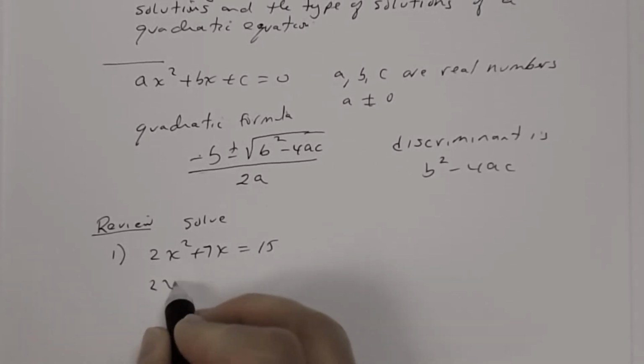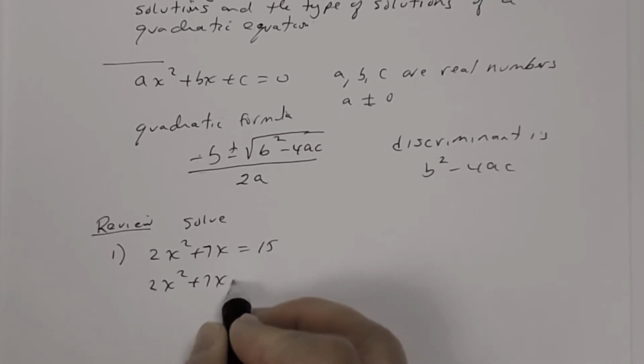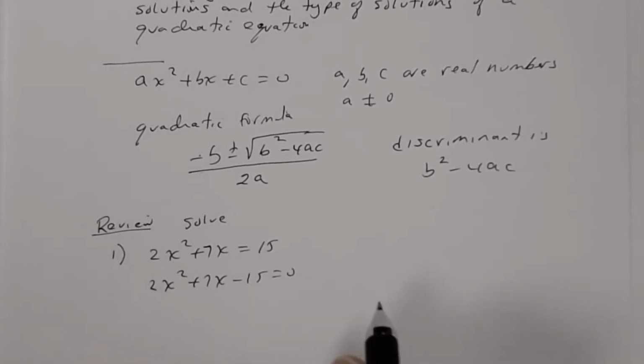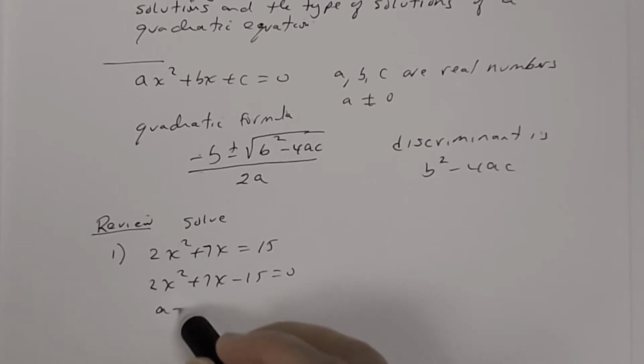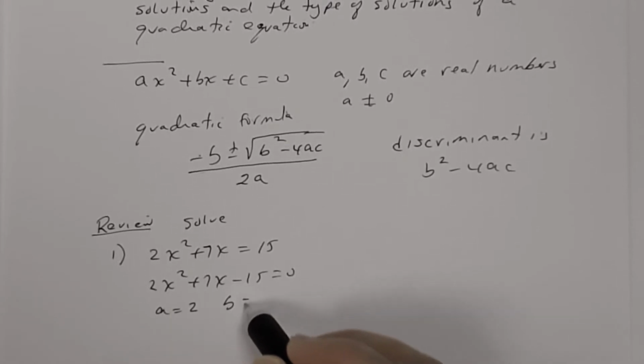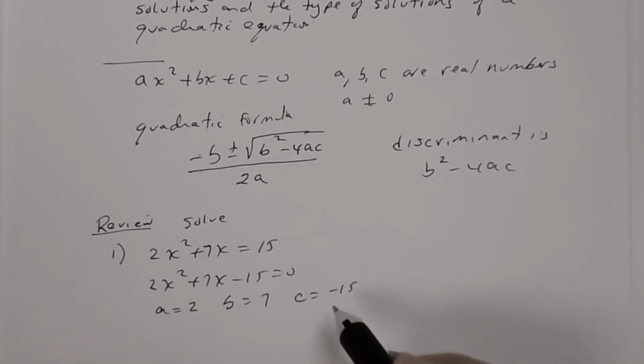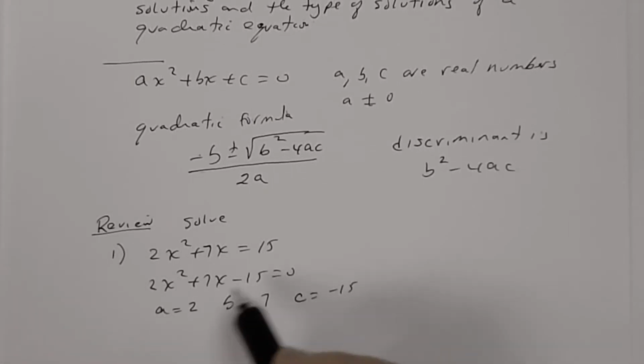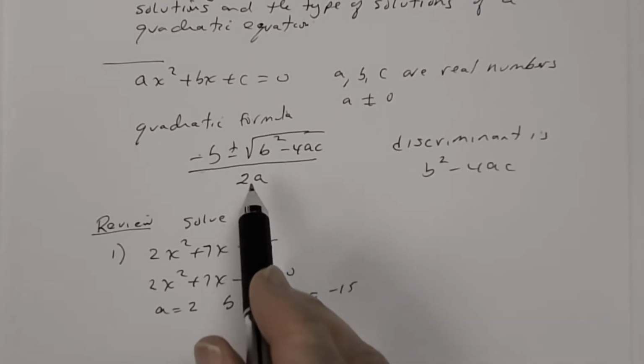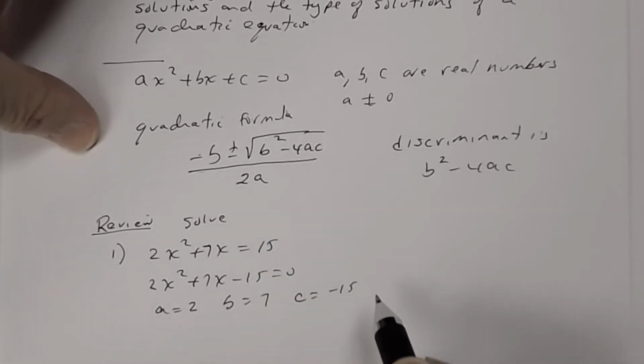And so in standard form, I get this. Now you may remember, it was also a good idea to label a, which is 2, b, which is 7, and c, which is negative 15. And then what you did was you substituted all of this into the formula.